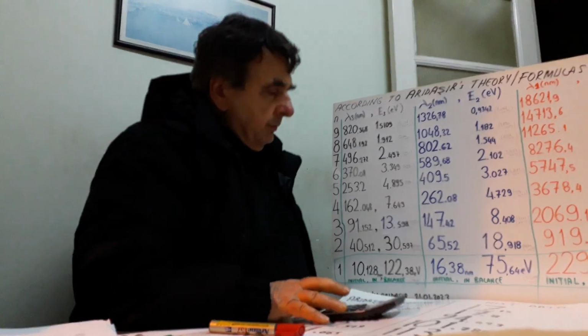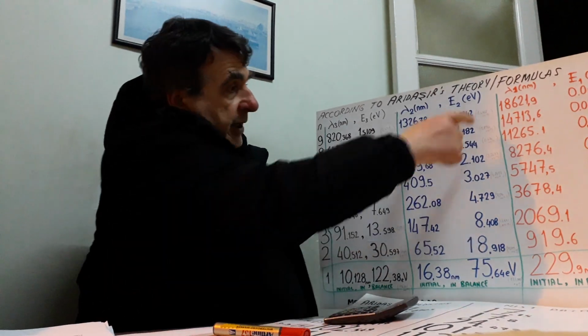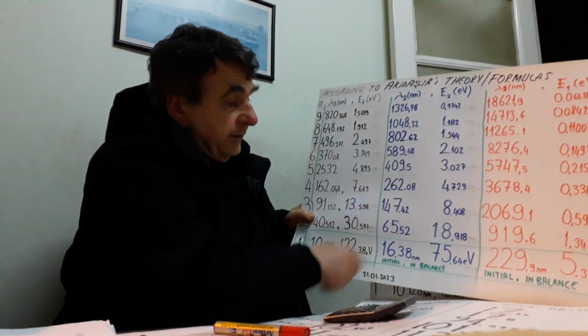where is it? Fifth, in joule, 7.84, approximately 10 to the minus 19. I'm so sorry, second electron. Yes, second electron.